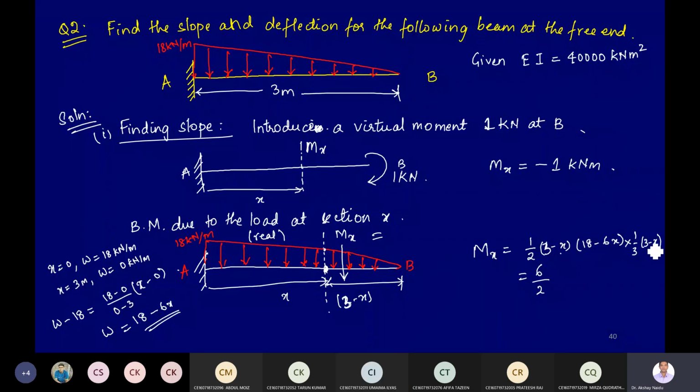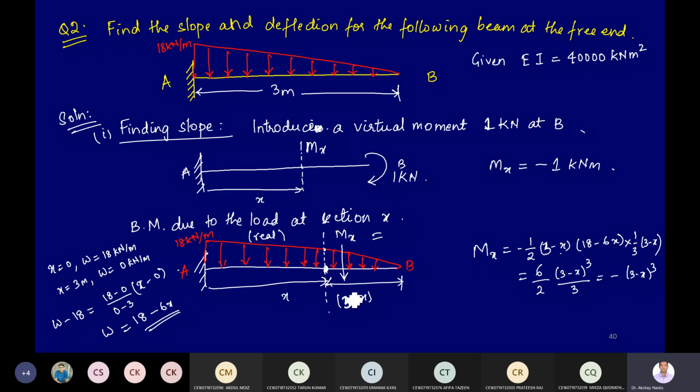You get 3 minus X, 3 minus X, 3 minus X. So 3 minus X, the whole cube, with of course a negative sign. This is mx at this point, minus of (3 minus X) the whole cube.